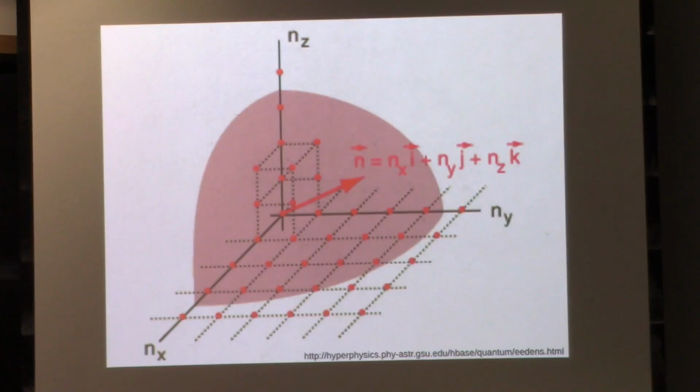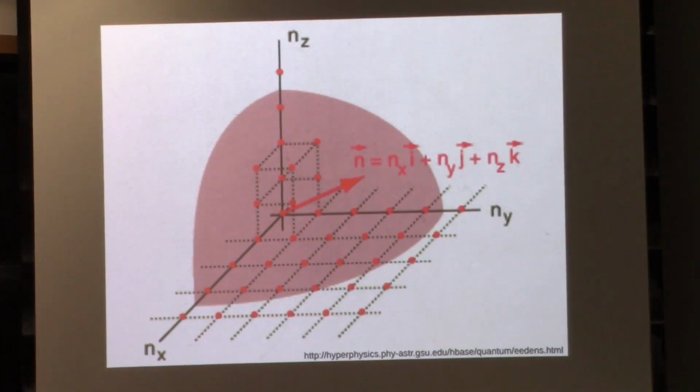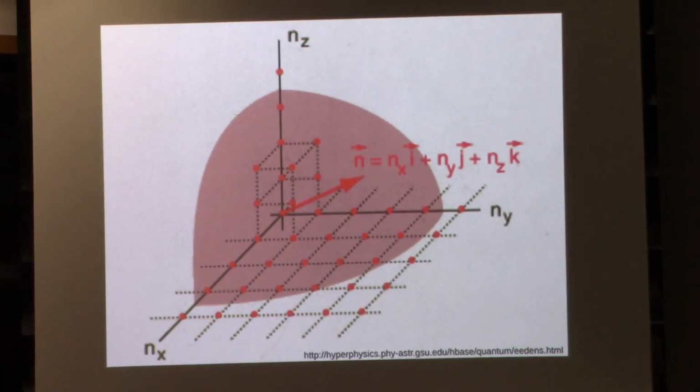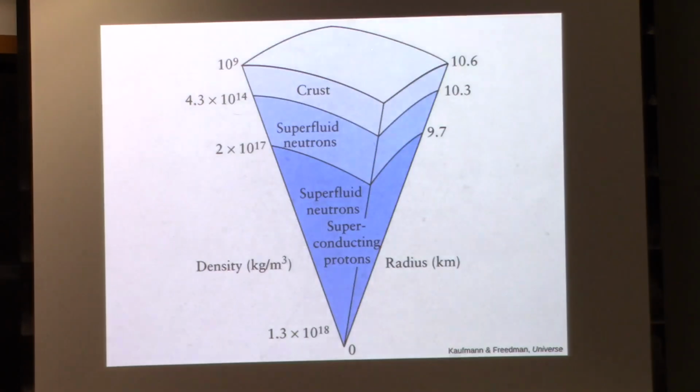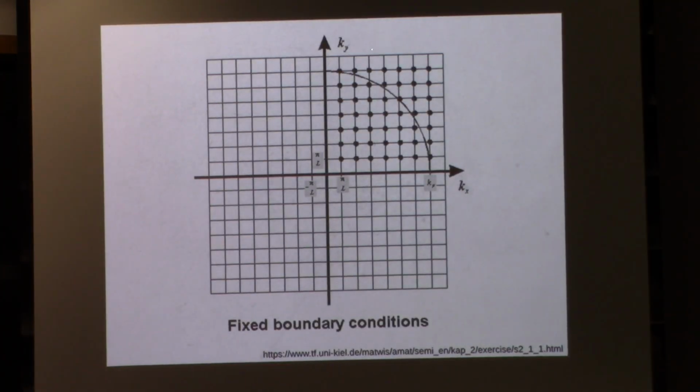Having said that, I could choose to work in n space, but in honor of Kathleen, we're going to work in k space instead. Here is the 2-dimensional version of k space.